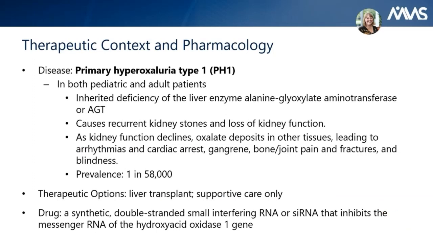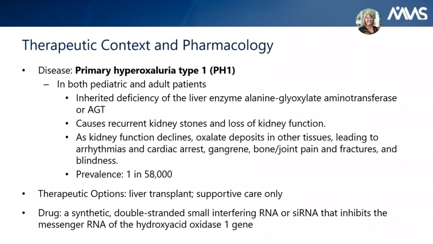Primary hyperoxaluria type 1, or PH1, is a rare and serious disease caused by an inherited deficiency in a liver enzyme called alanine glyoxylate aminotransferase, or AGT. Early in this disease, excess oxalate is cleared by the kidneys, but it does complex with calcium in the urine to form kidney stones and to form deposits in the kidney, which eventually, over time, leads to a loss of kidney function.